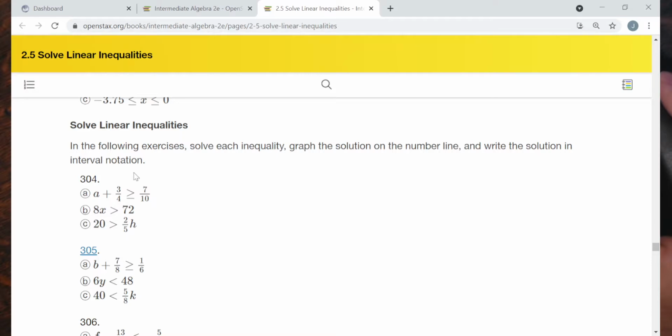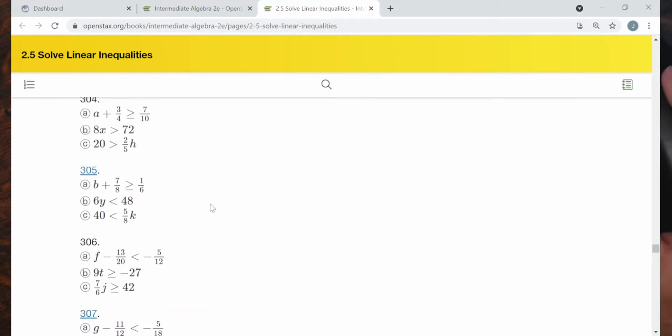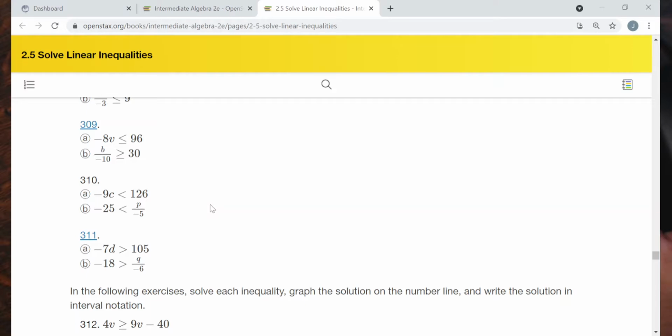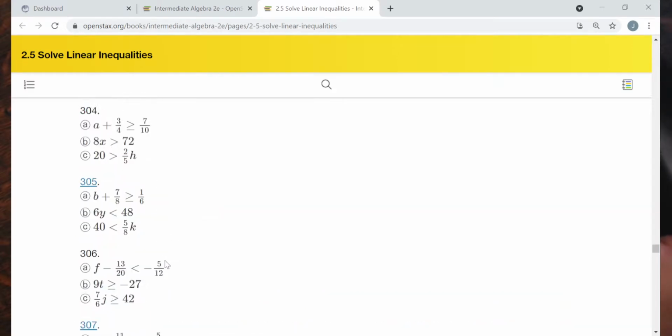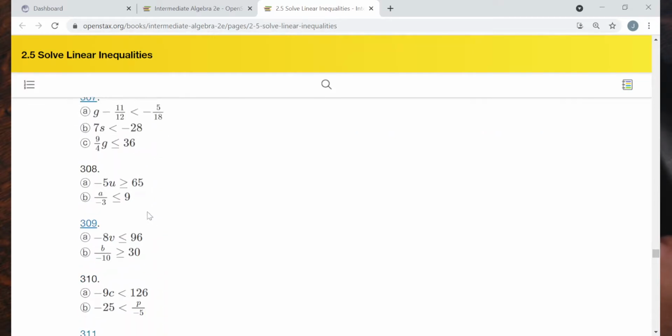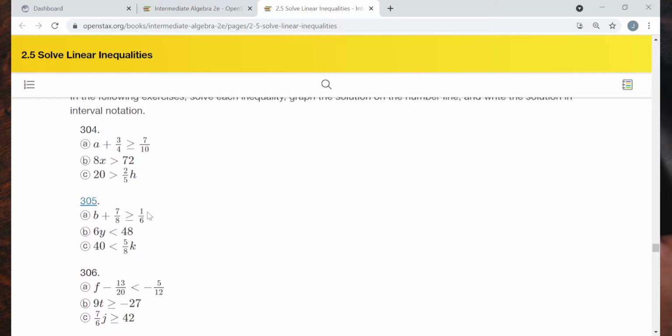So if you'd like to skip around more easily to different examples, and if you happen to have this free online textbook, section 2.5 of the Intermediate Algebra 2nd edition up, you can see what example is what. This is example 20, number 311, part B. This is example 1, 304, part A. So if you'd like to see any one in particular, you can skip ahead to that example number.